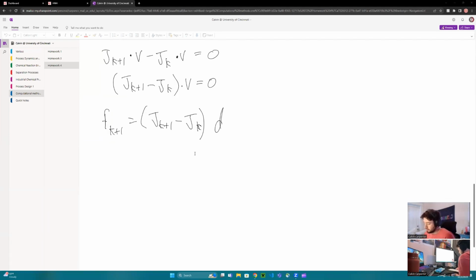All right, so now we're going to change around this equation a little bit. So move D to the other side. I'm just going to write it like this.